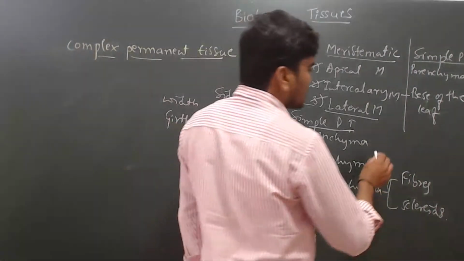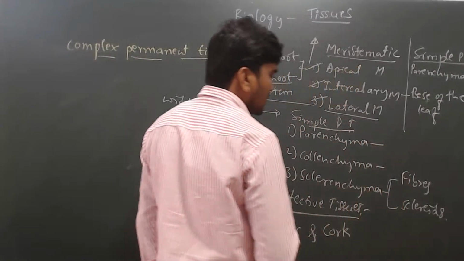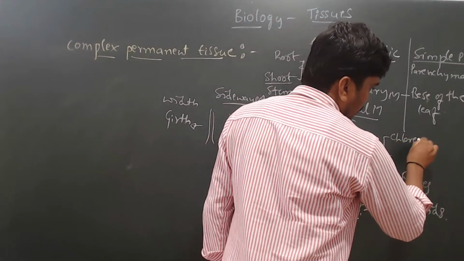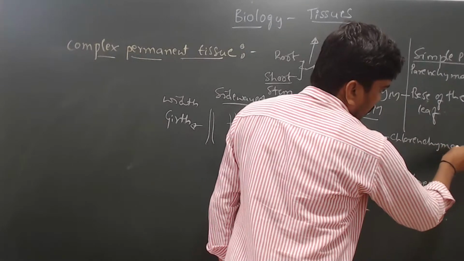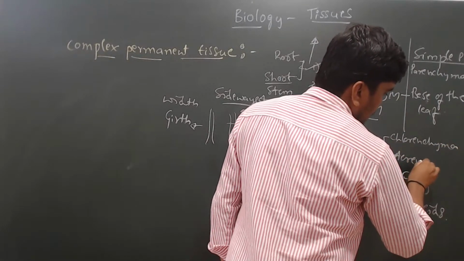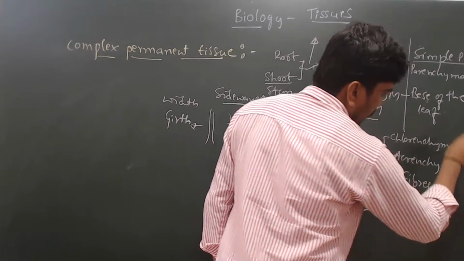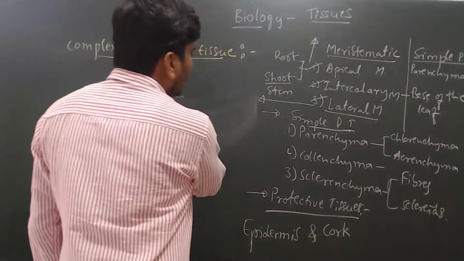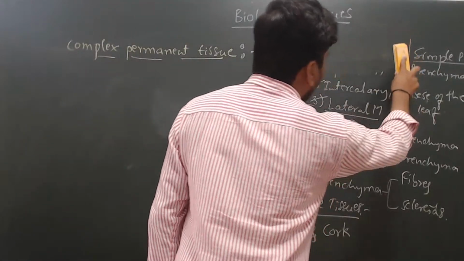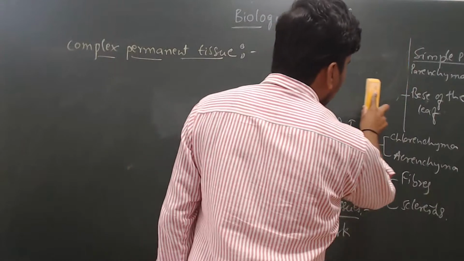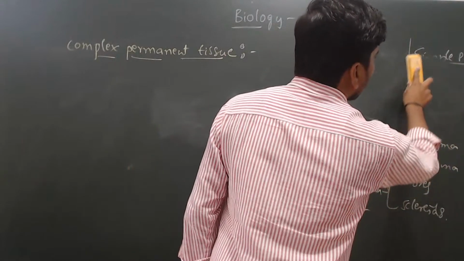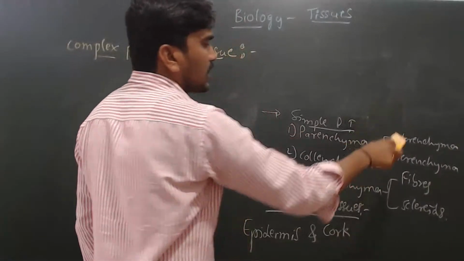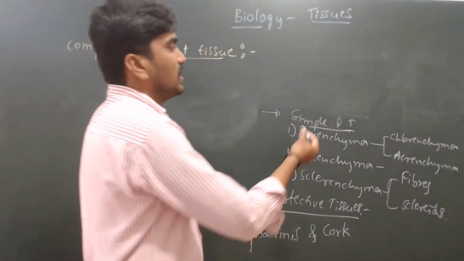And in parenchyma, yesterday we discussed parenchyma, collenchyma, and sclerenchyma. In parenchyma again there are two types: one is called chlorenchyma and another one is called aerenchyma. Chlorenchyma is a type of parenchyma where the cells contain chlorophyll.